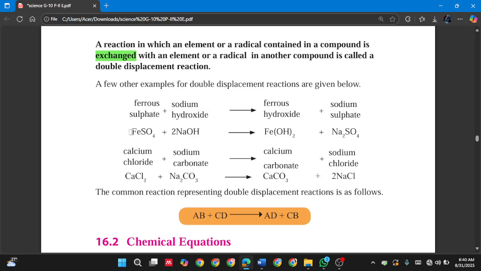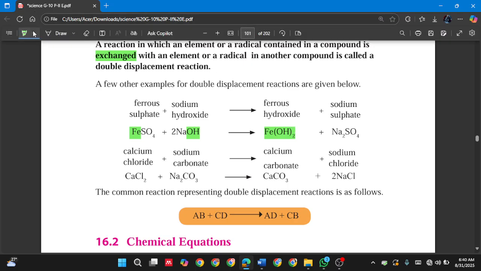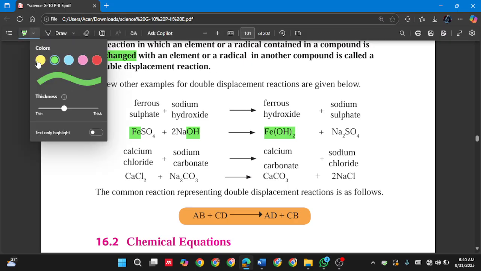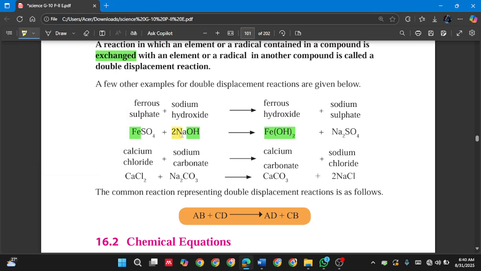It is ferrous sulfate. Ferrous should go with OH and produce ferrous hydroxide. So the sodium goes with sulfate and produces sodium sulfate.